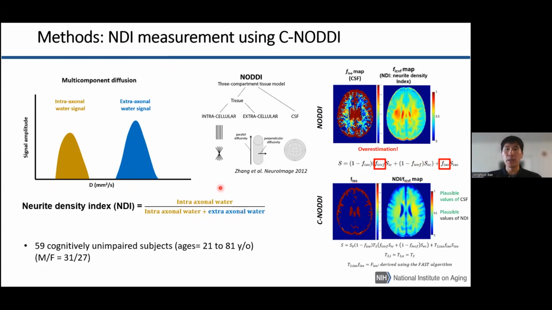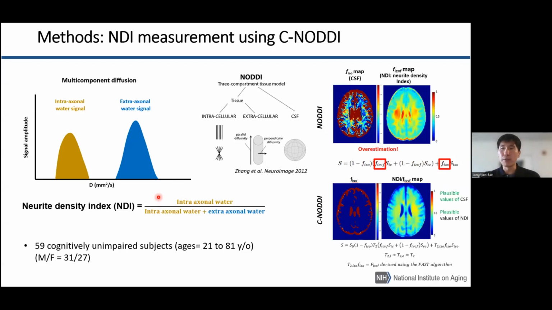Therefore, we can model this different contribution to the signal, which would serve as a proxy for the neurite density at each voxel. We adopted a NODI model, which considers three different compartments: intracellular with more restricted water, less restricted water in extracellular, and free water in the CSF with isotropic diffusion.